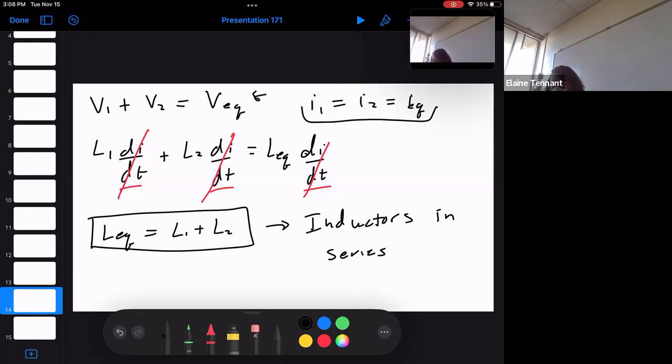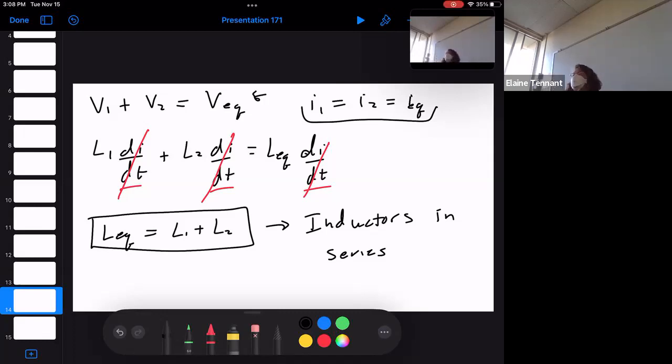Is this similar to the way you add up capacitors in series, or is this similar to the way you add up resistors in series? Resistors, yes, way to remember that.